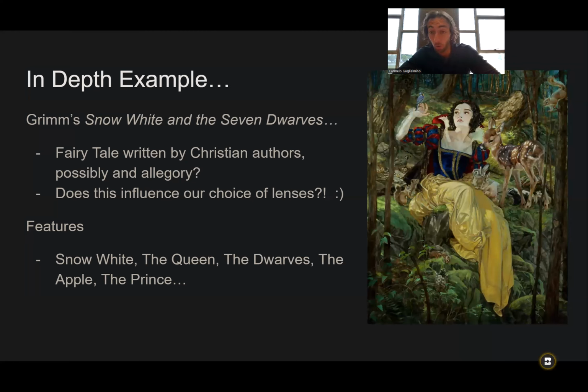Some will say, no, we could use any lens and we could still get the truth of Christianity from this story, or we could get totally other, tangential truths like Freudian truths or like Jungian stuff. It's all there, possibly. Some will say, no, it doesn't matter at all. This is what is known as the death of the author movement in literary interpretation, that it should have no impact on you.